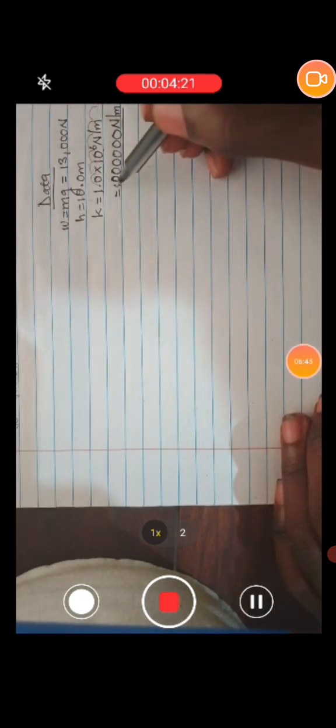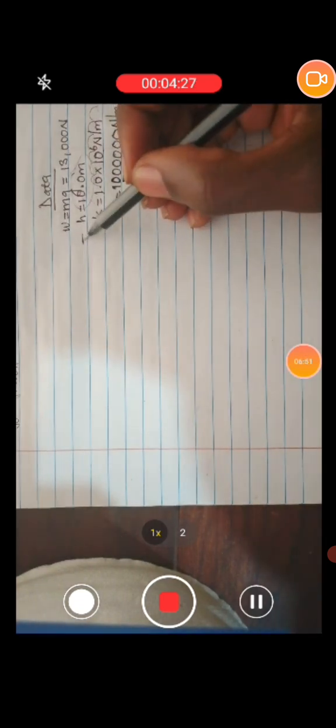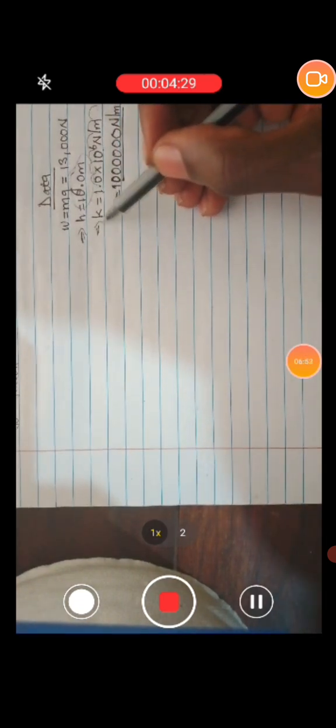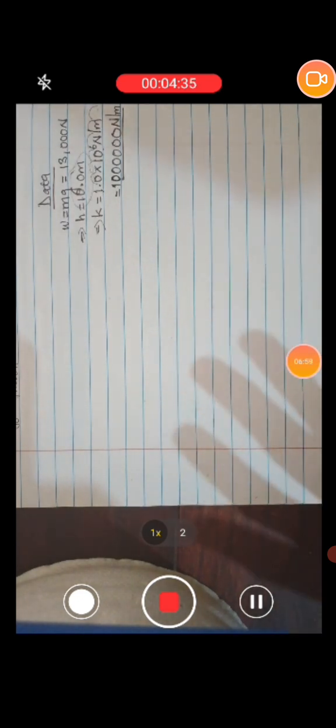So this will be easy for you. But remember, the answer should be in either this or this. So the final answer should either be in decimal form, or if not specified, you can leave it in scientific notation.